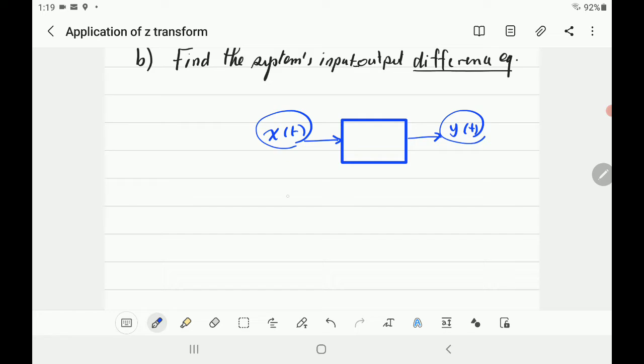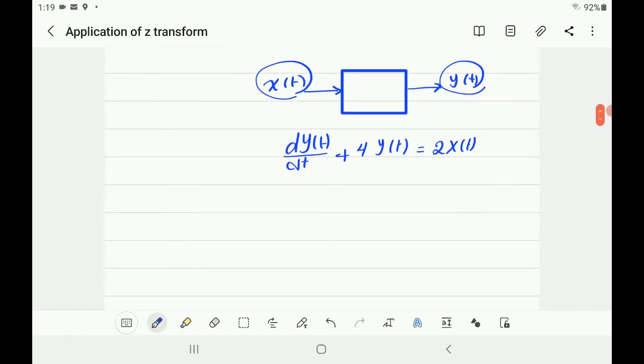As an example, maybe dy of dt, that's differentiation of the output, plus 4y of t is equal to x of t. This differential equation expresses the relationship between the output and input when the system is a continuous time system.